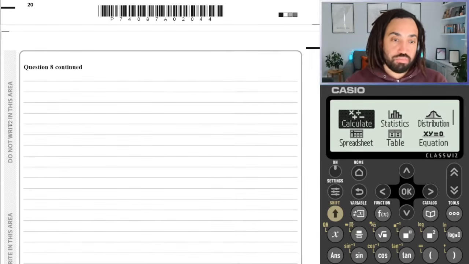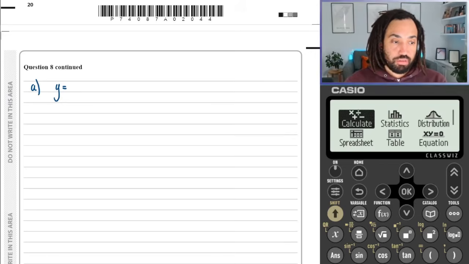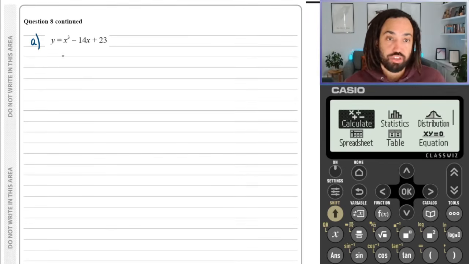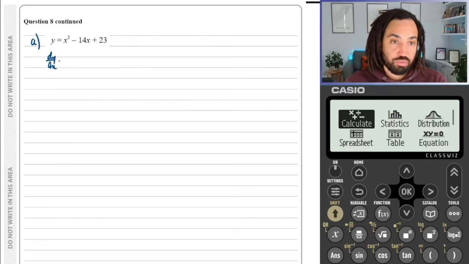Okay, so part A. We know that y is equal to x cubed minus 14x plus 23. So that's the equation of the cubic. So when we differentiate it, we get 3x squared. The 3 comes down, times by the coefficient of 1 to make 3. Drop the power down by 1 to make 2.